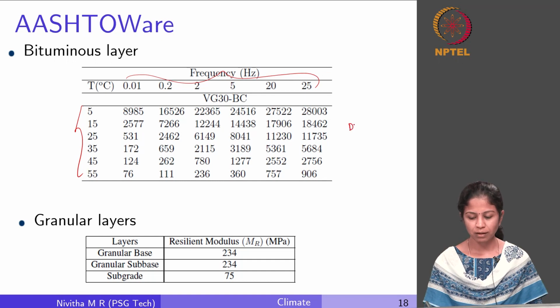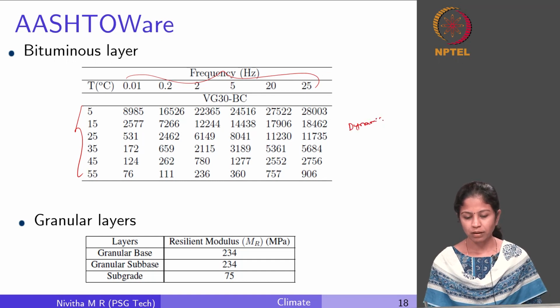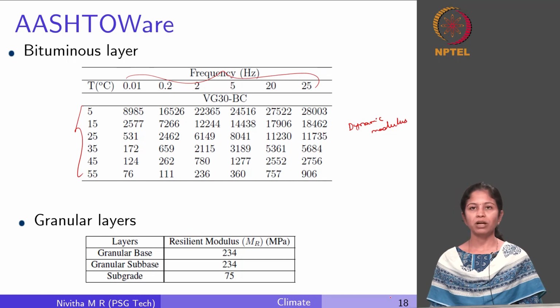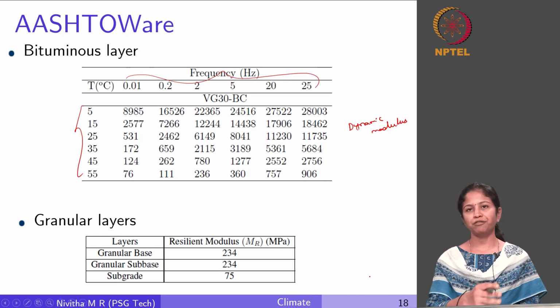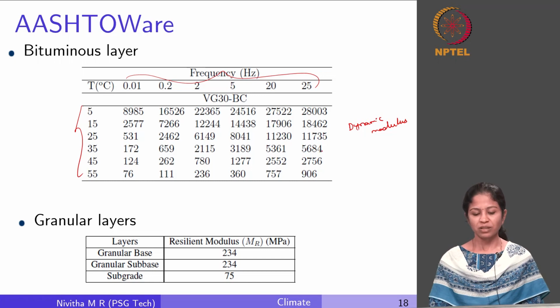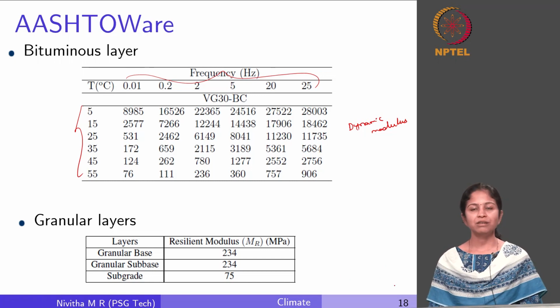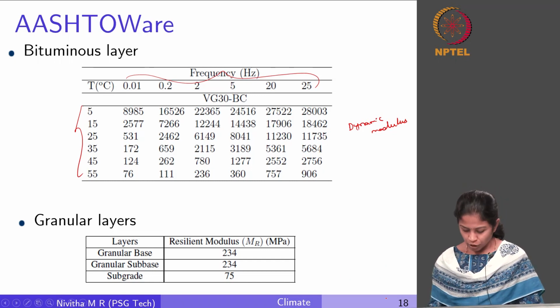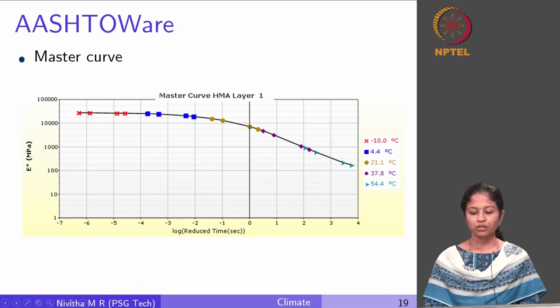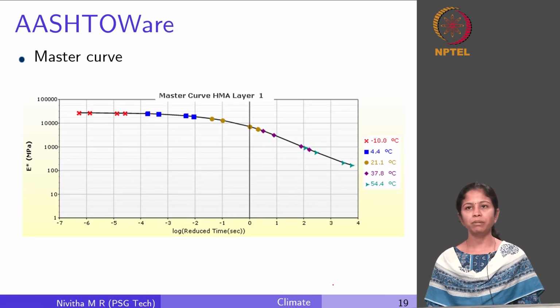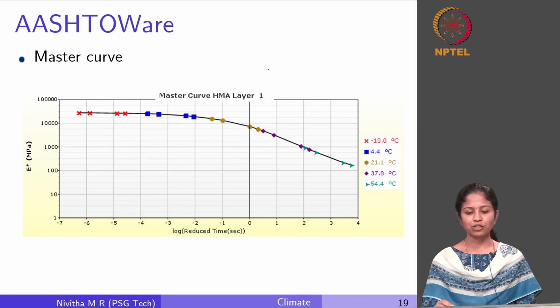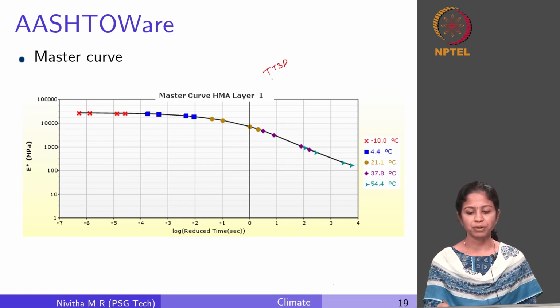So this is the dynamic modulus. The dynamic modulus value is measured for different temperatures and frequencies. This value is input here and it is used to construct a master curve. So how does a master curve look? This is how a master curve will look for a bituminous layer. It is based on the time-temperature superposition principle.